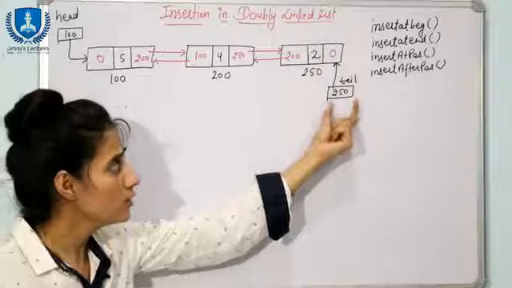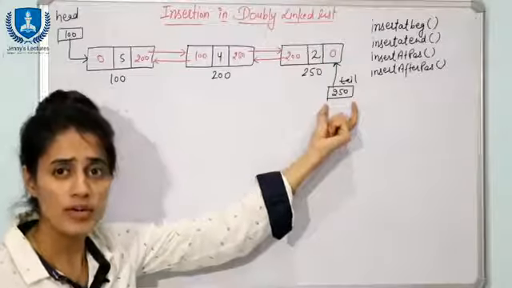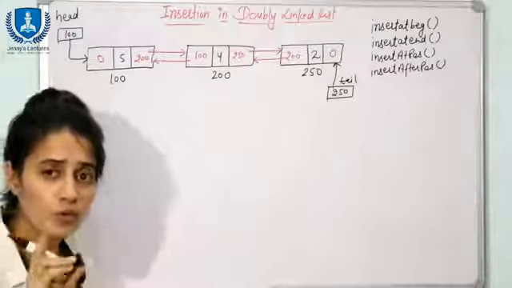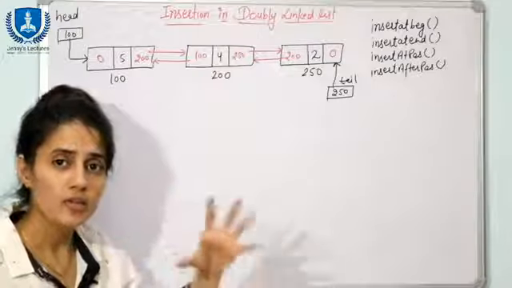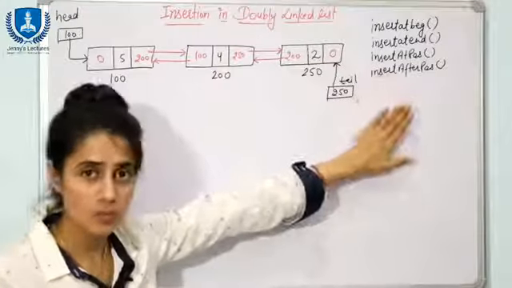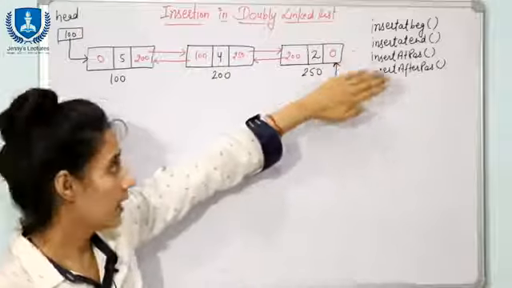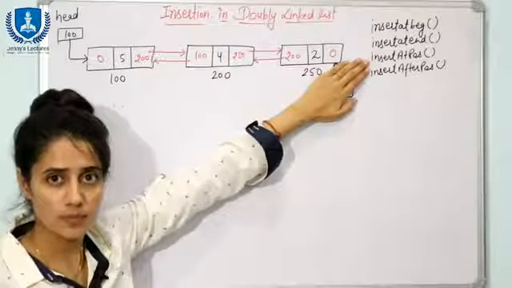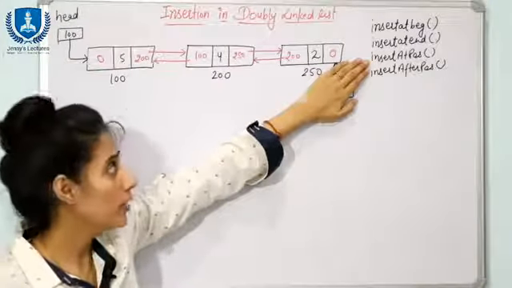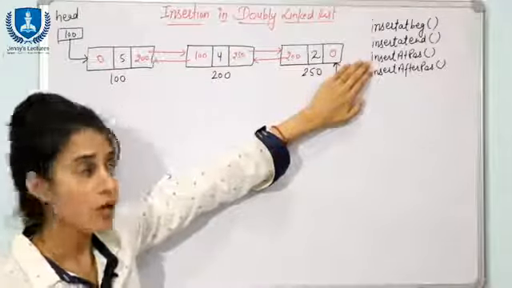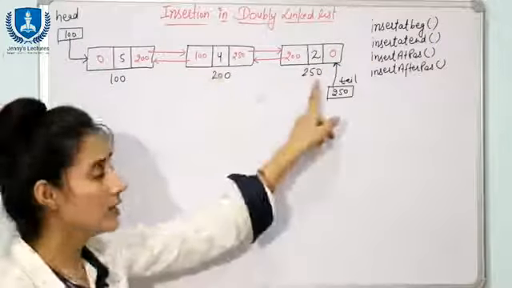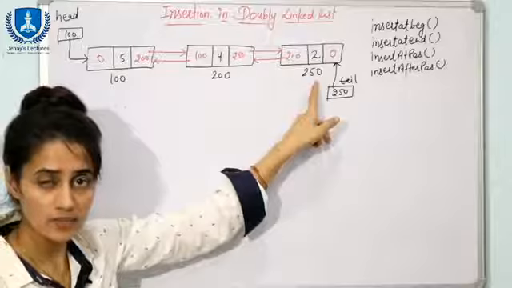Now, what is the use of this tail pointer? Why are we going to maintain this pointer? See, when you are going to insert any node at the last, suppose I want to insert at end and I am not maintaining this tail pointer, right? In that case, we cannot directly insert here. We have to traverse the list till the end, right?